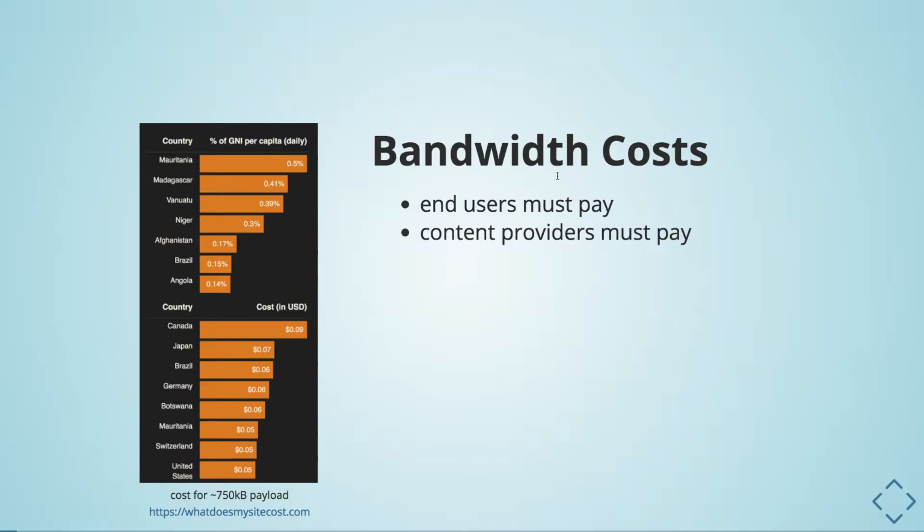These are places where they're paying per kilobyte. In some places, one page load is half of a percentage of their daily income. So navigating around a site like YouTube probably is not something that they're going to do.